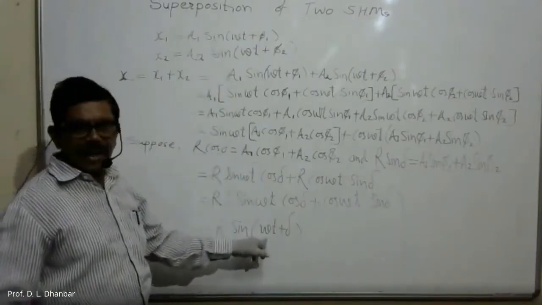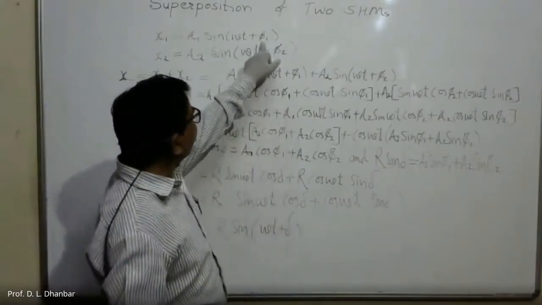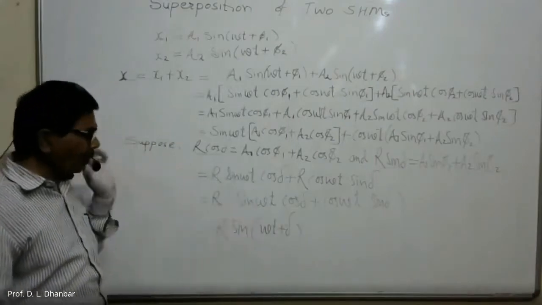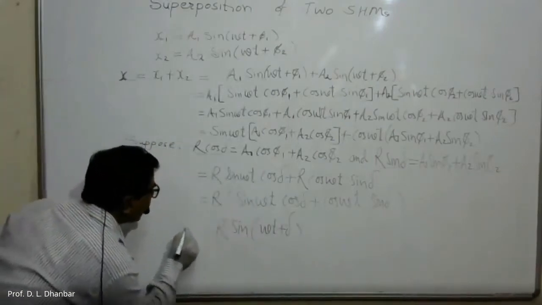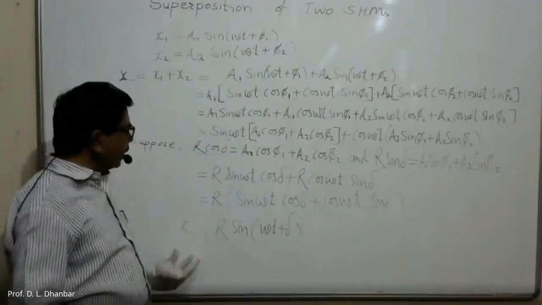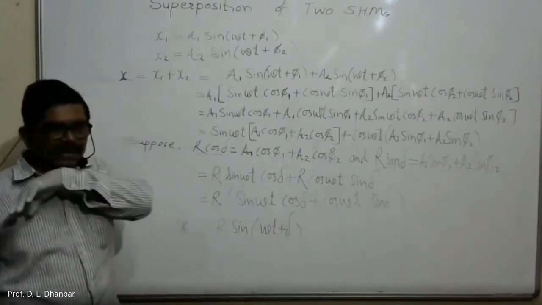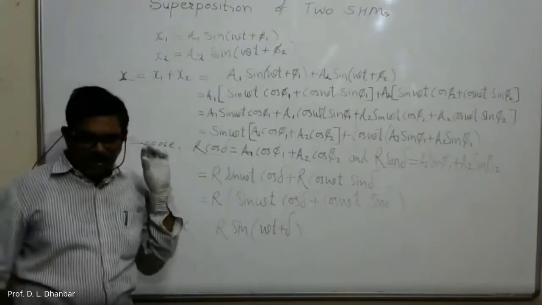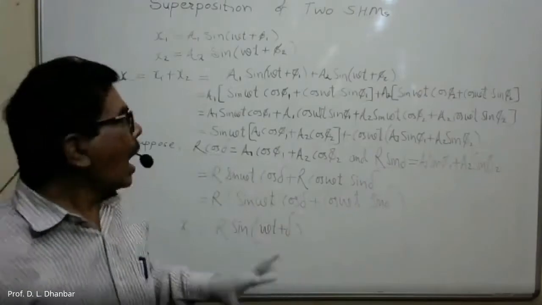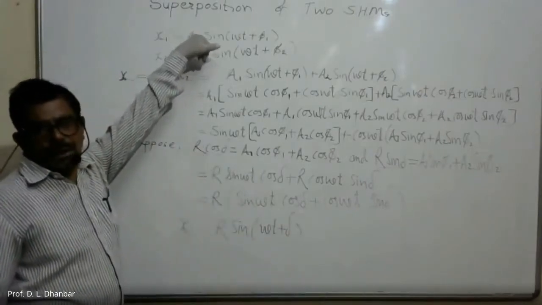Omega t means angular frequency into time. Here this is initial phase and this is also initial phase. So on left hand side we have the resultant displacement x. So the resultant displacement x is equal to a constant r into sine of omega t plus delta. Means the equation of resultant simple harmonic motion is same as that of the equation of linear simple harmonic motion.